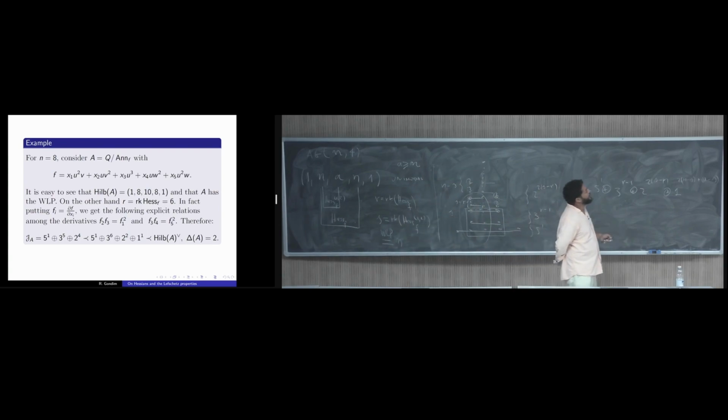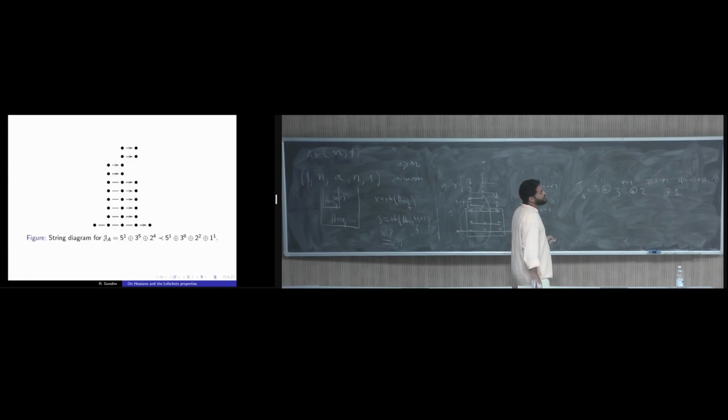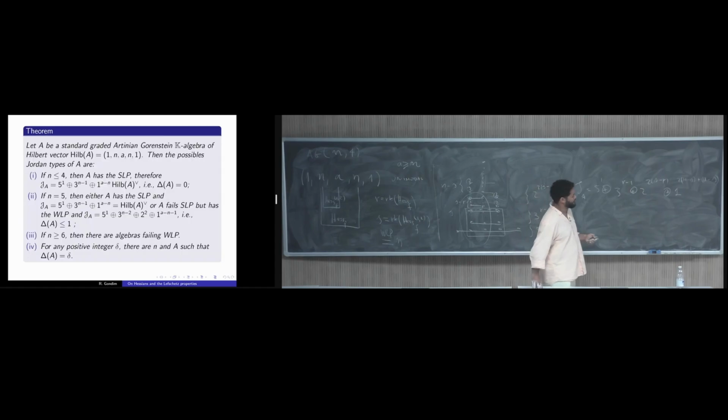And it means that there are two algebraic relations among the derivatives. And this is a formula of such type. And this is the string diagram. Let me explain this explicit string diagram.